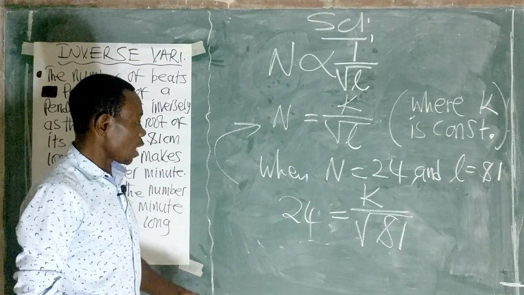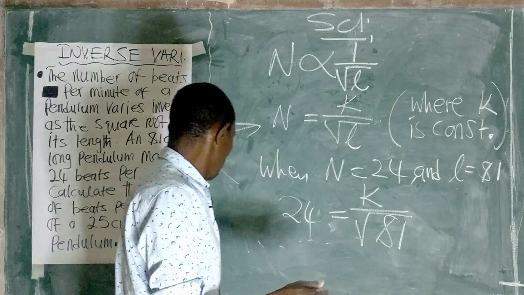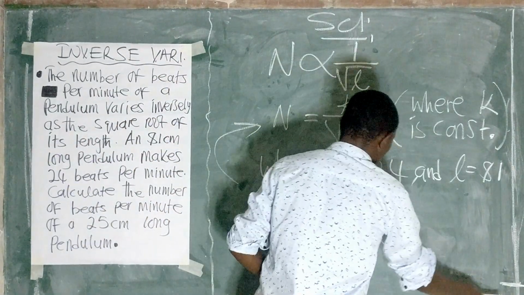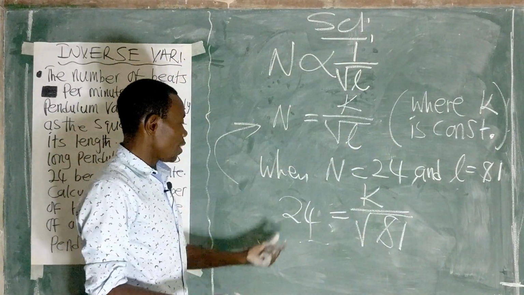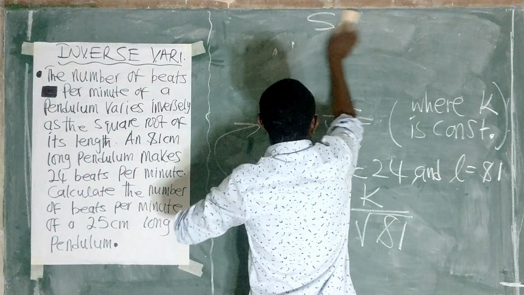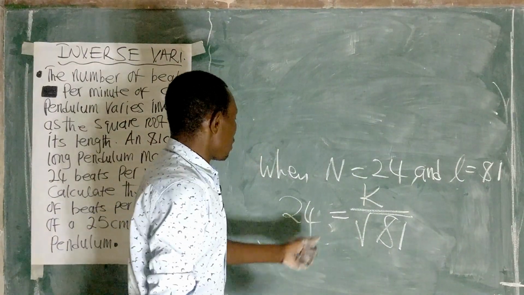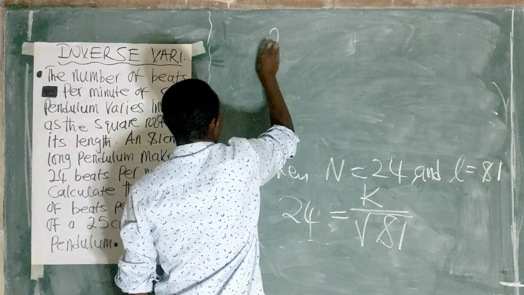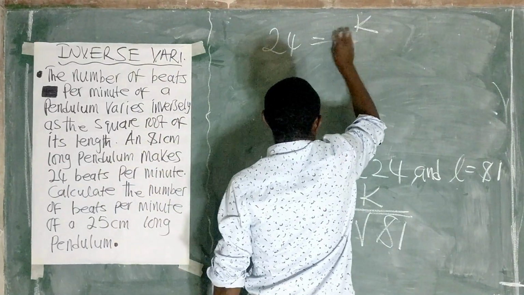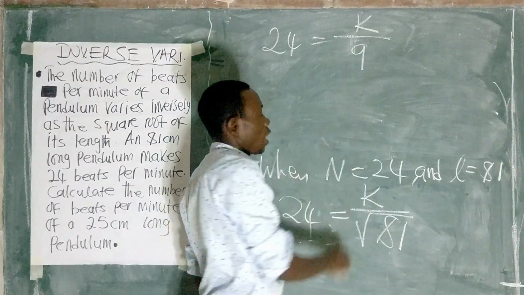Then to find the value of k, you can do simple mathematics. Firstly, find the value of the square root of 81 and then get rid of the fraction that you have there. From this stage, we have 24 is equal to k over the square root of 81, which is 9.